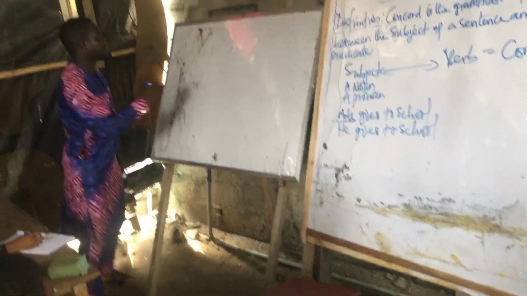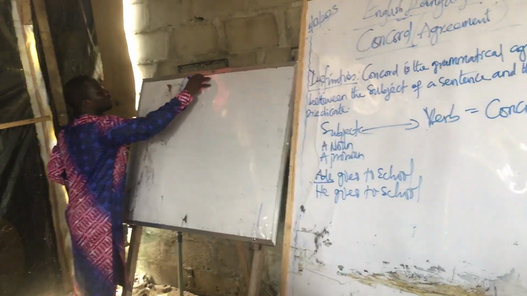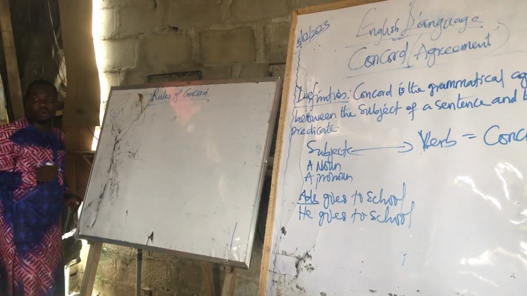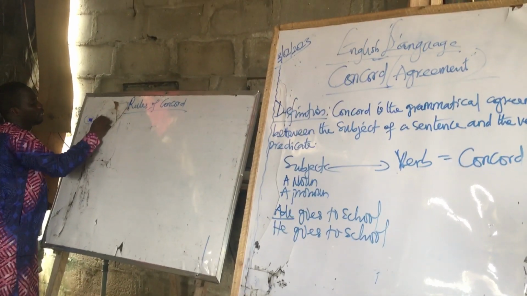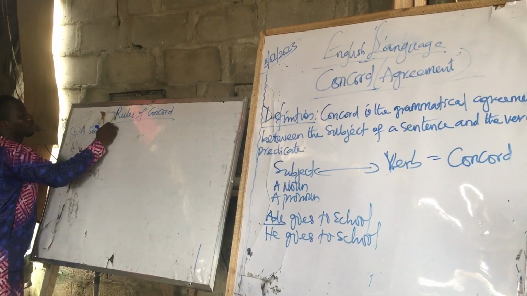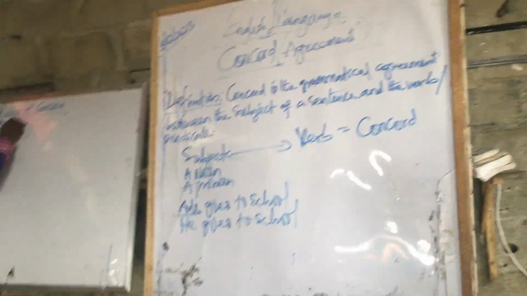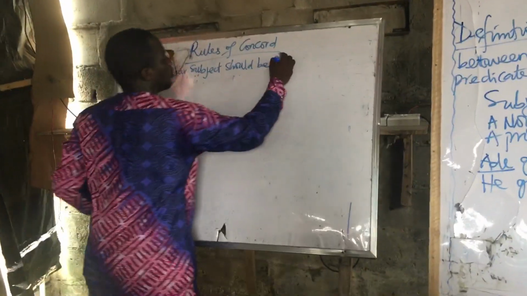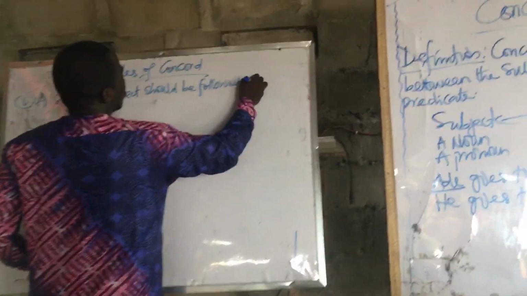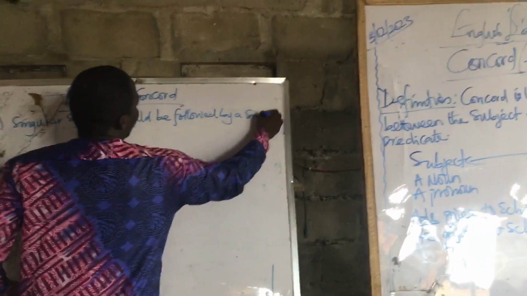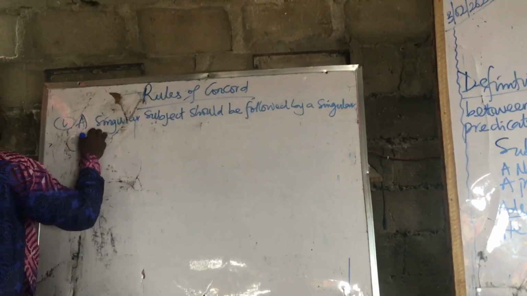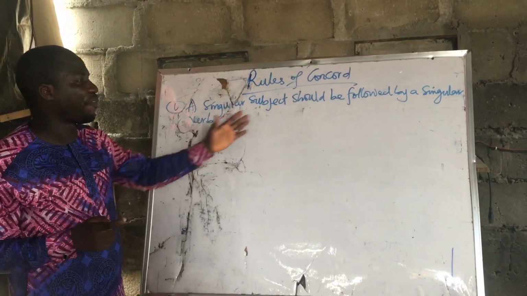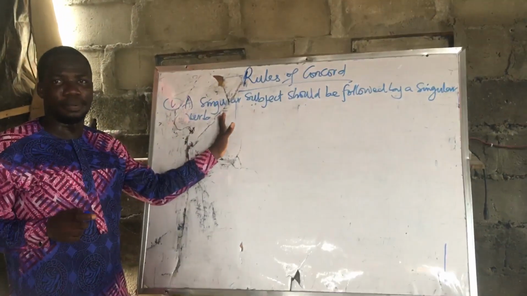Rule number 1. Here we look at the rules of Concord. Rule number 1 is that a singular subject should be followed by a singular verb.